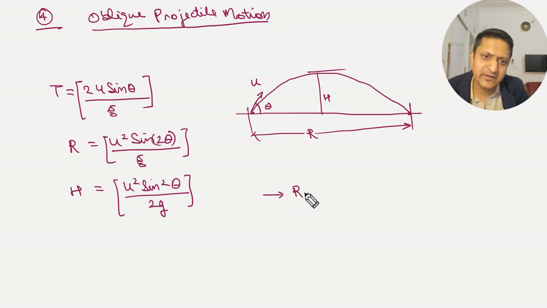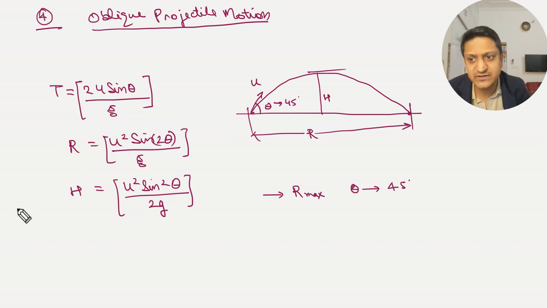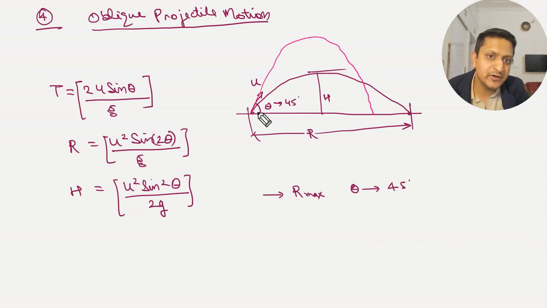The range maximum would be when theta is at 45 degrees, like this. If theta is 45 degrees, we will have the maximum range. Now suppose if theta is reduced, it might go like this, so range will be less. Or if we reduce it, it could be like this.